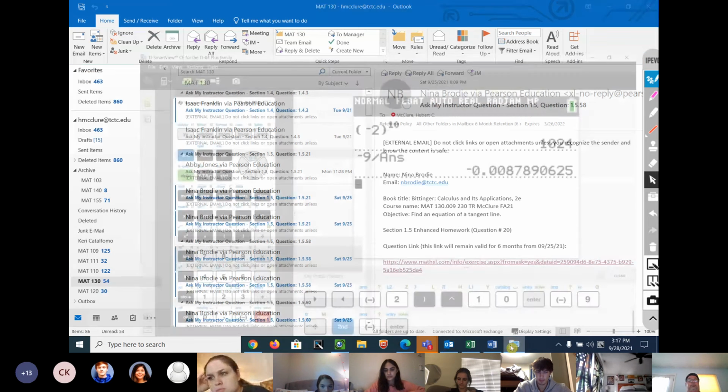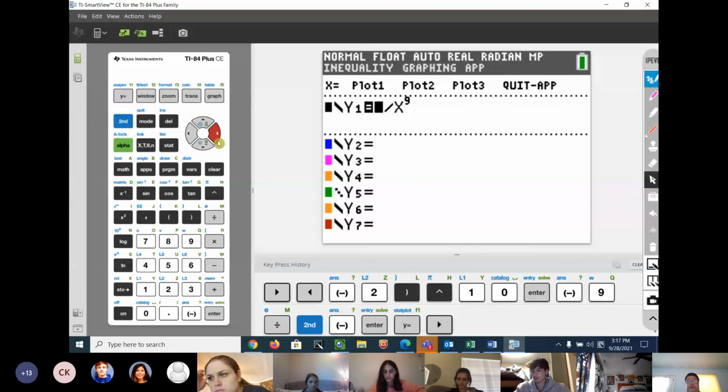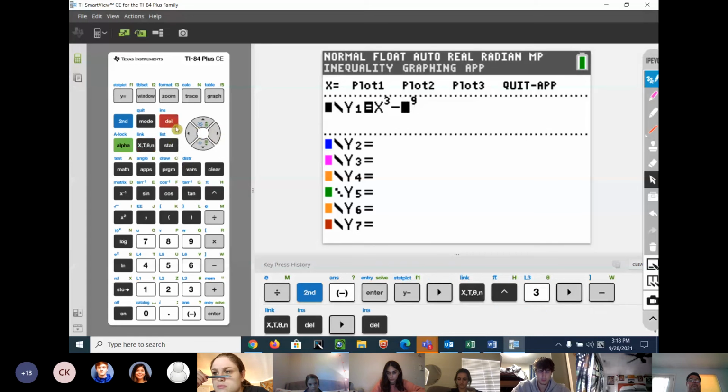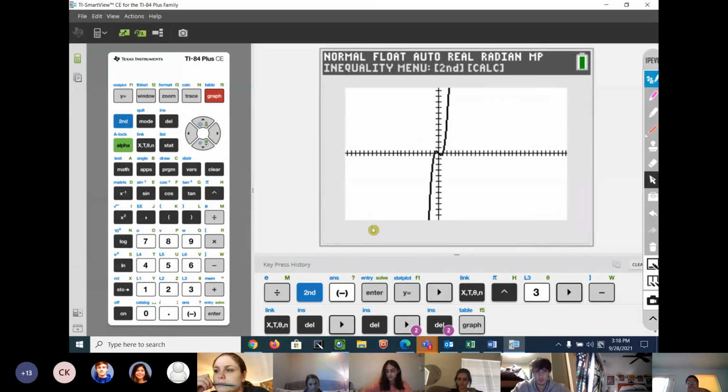Y is equal to x to the 3rd, which is going to be an odd function, might have a saddle in it. X to the 3rd minus x. There we go, graph. Yep, there's the saddle right there. So I'm going to blow that up.